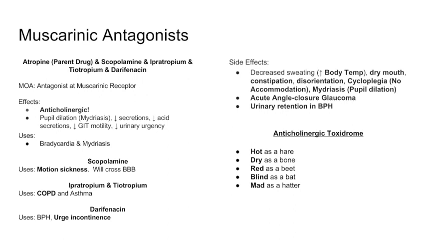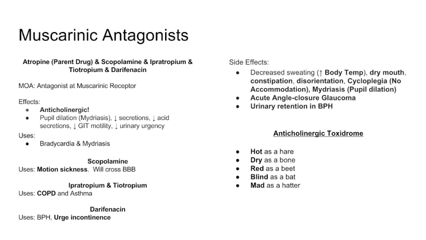And for people who have overdosed or taken too much of an antimuscarinic or anticholinergic drug, they have a bit of a toxidrome, with a saying that can help you memorize it: hot as a hare, dry as a bone, red as a beet, blind as a bat, and mad as a hatter.